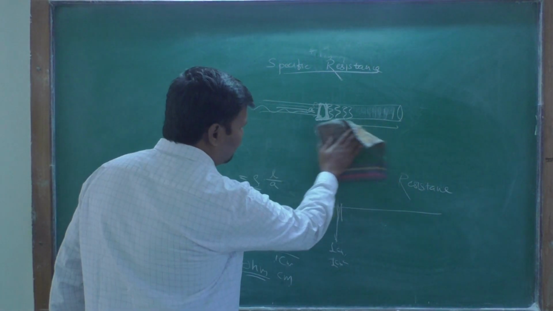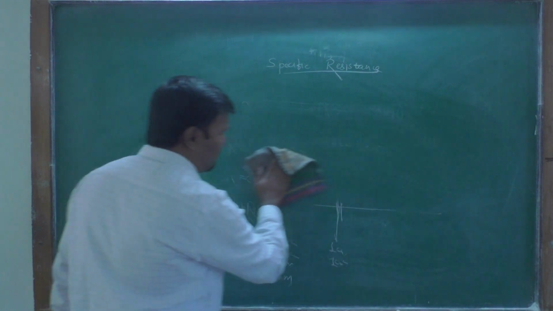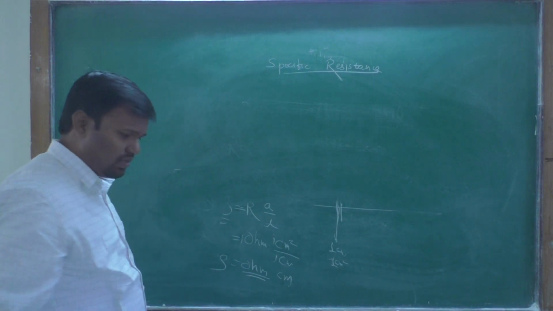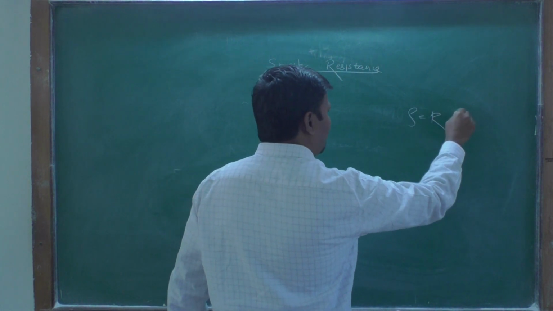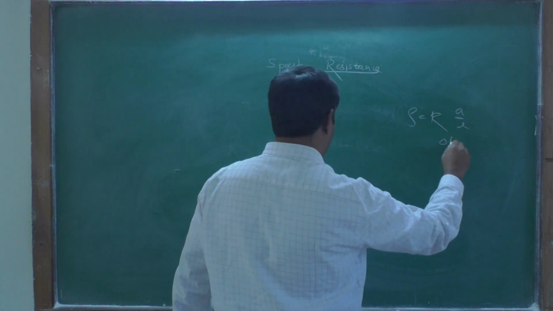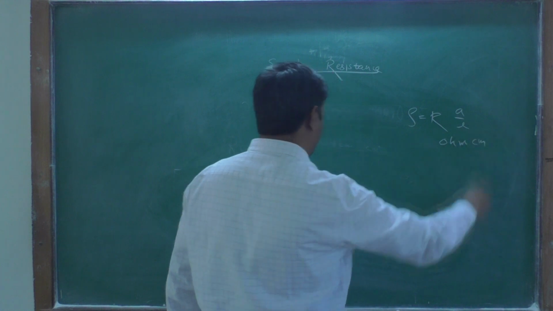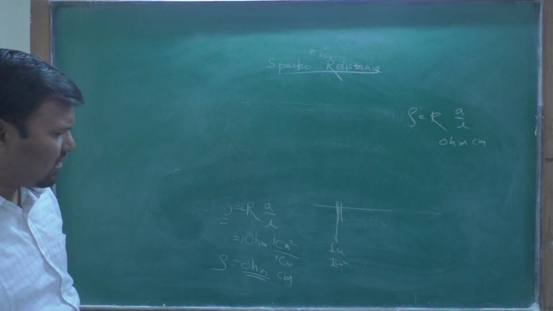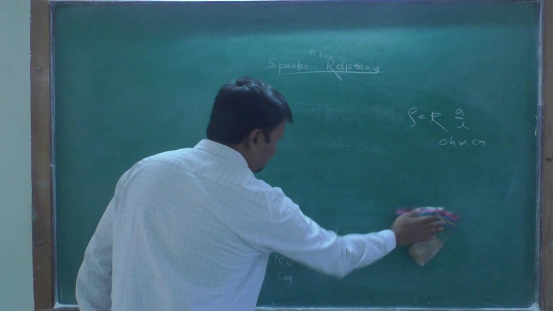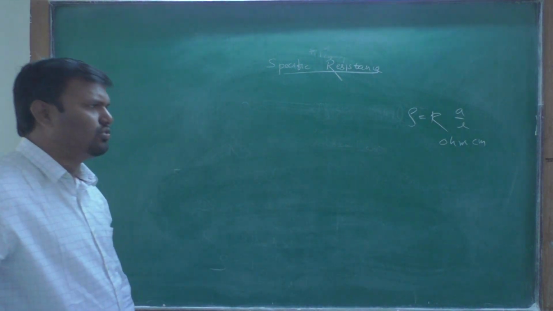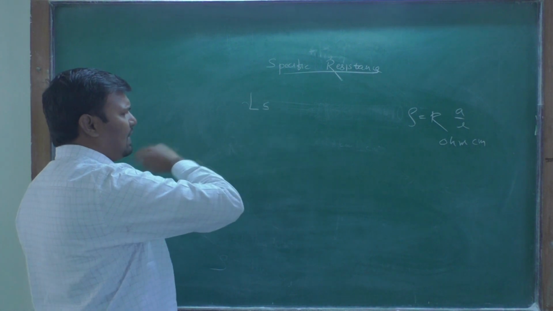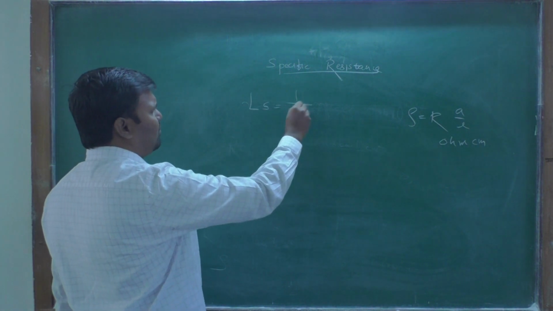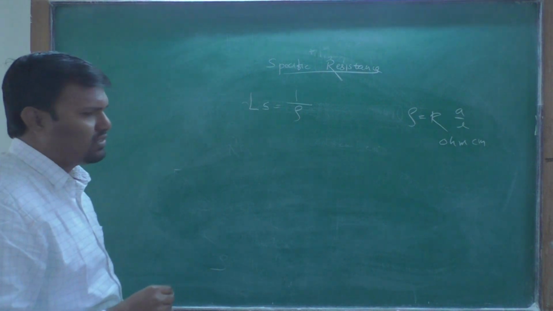Now, we have the formula: specific resistance is equal to R A upon L, and its unit is ohm centimeter. The next term that arises from the specific resistance is the specific conductance. Specific conductance is denoted by Ls, and it is the reciprocal of specific resistance.